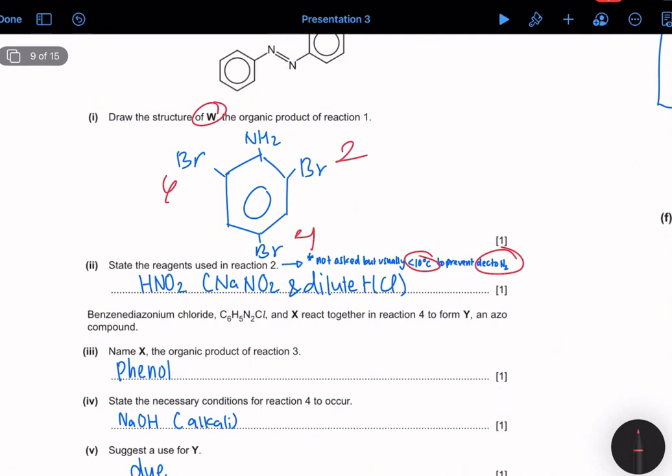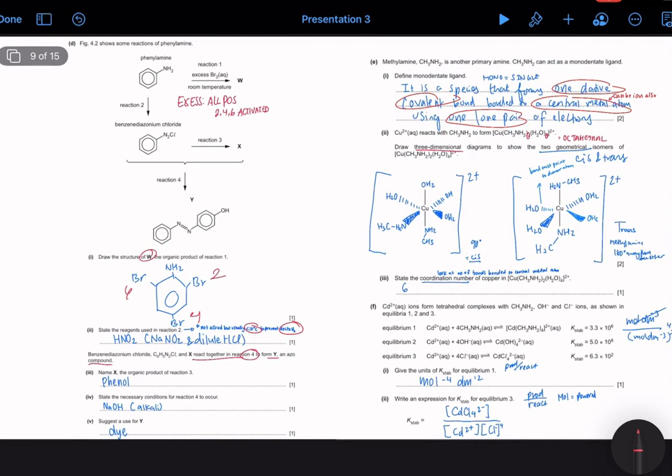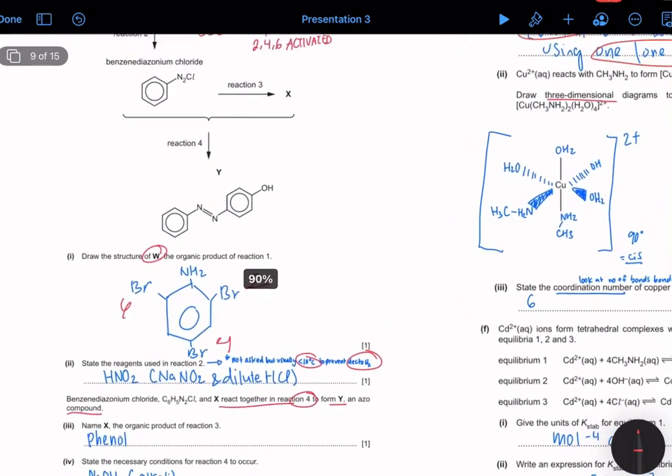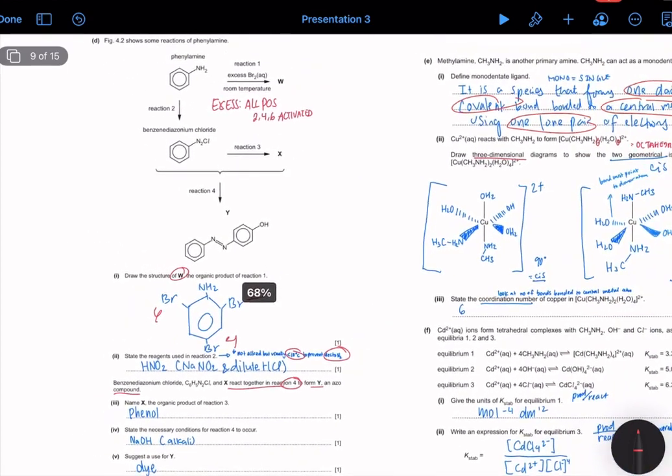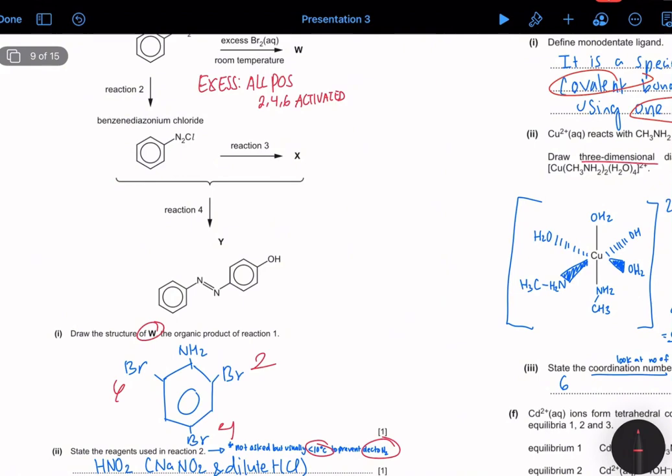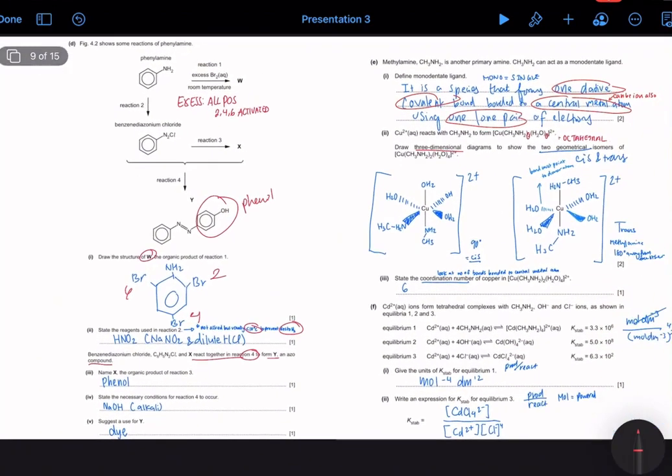C6H5N2Cl and X react together in reaction 4 to form Y, an azo compound. Name X, the organic product of reaction 3. Organic product would be phenol, because as you can see here, this is phenol. So X is likely to be phenol.